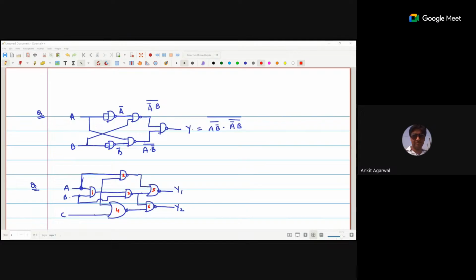What is y1 and y2? Y1 is A dot B. And Y2 is A dot B bracket, A dot B plus C to the whole complement.